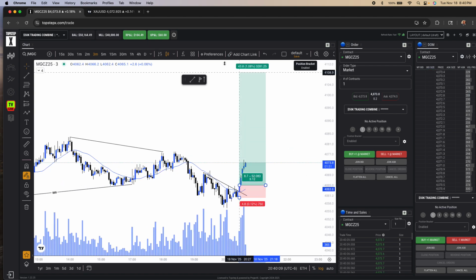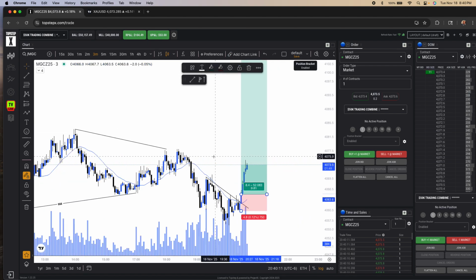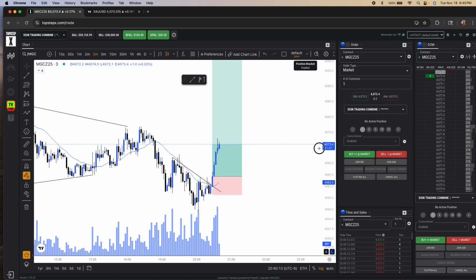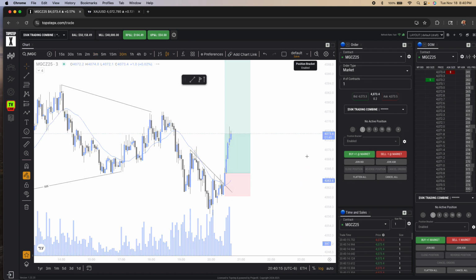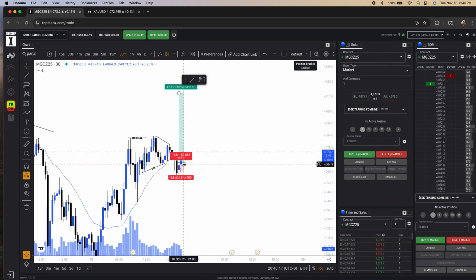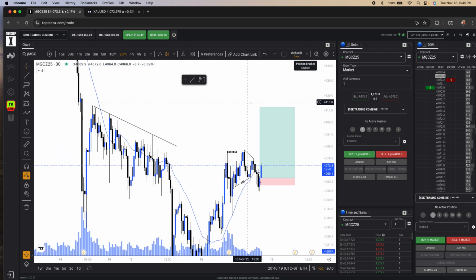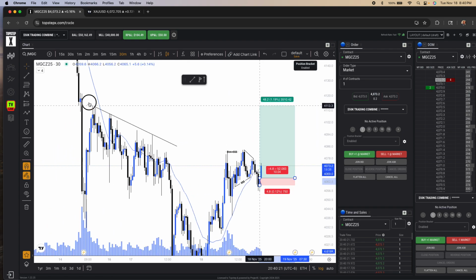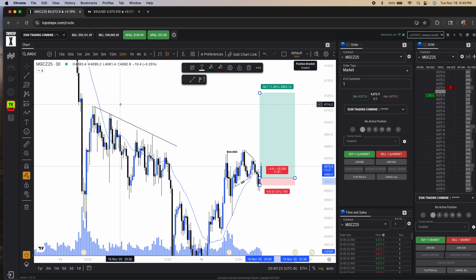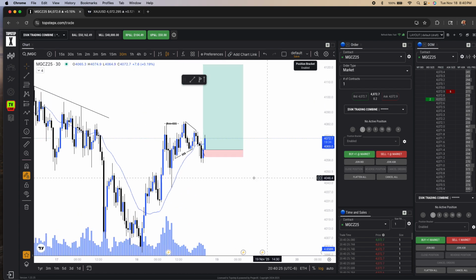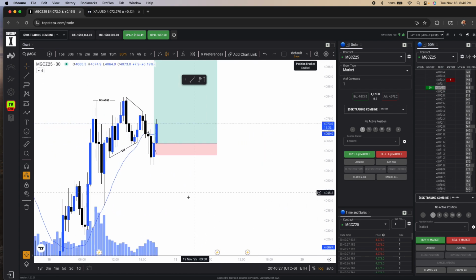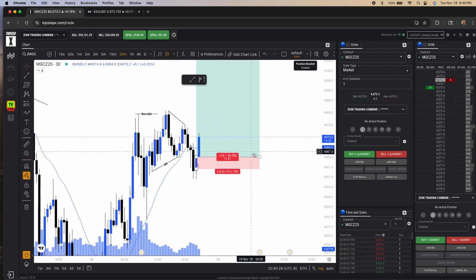Honestly, this trade can just keep going, to be honest. I low-key want to enter it again because there's so many highs to the left that we could just take out right now. We could literally keep going all the way to here or even to here. So this has room to potentially just continue to run to the upside.